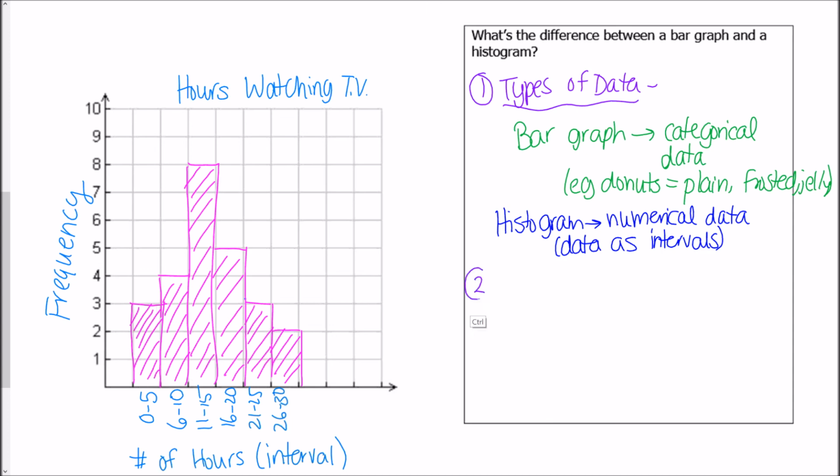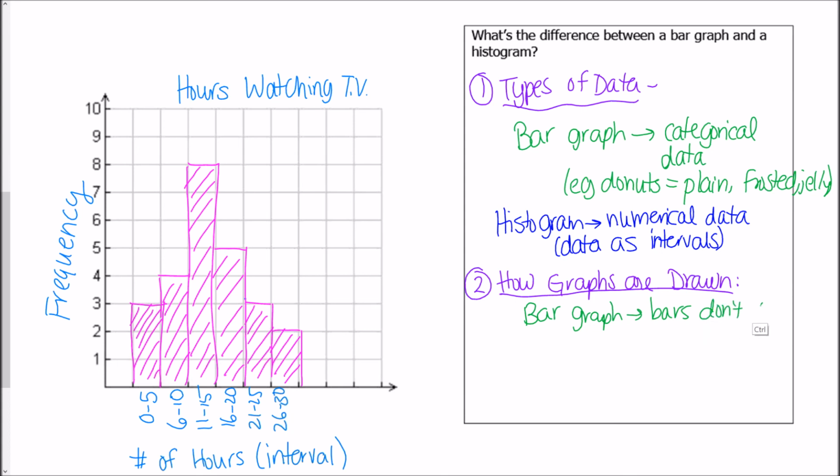The second difference is how the graphs are drawn. For a bar graph, the bars don't touch. So it would end up looking more like this right here.